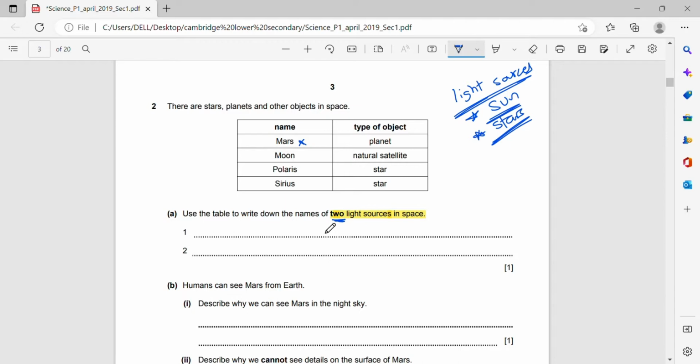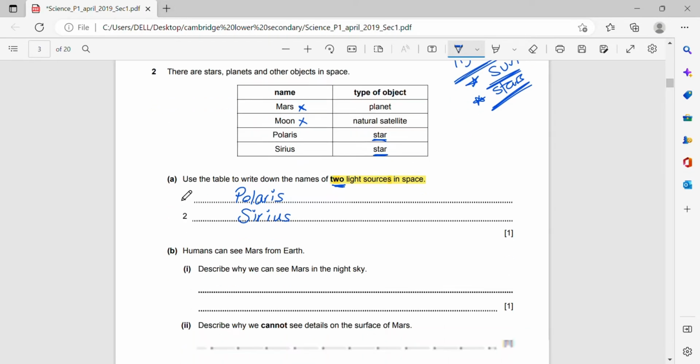It doesn't produce light. The light we get from the moon actually is the one reflected from the sun. يبقى the 2 light sources هنا ال stars اللي هما Polaris و Sirius.